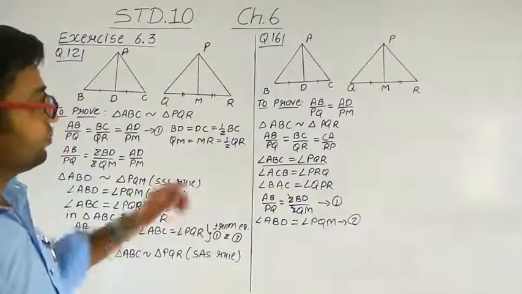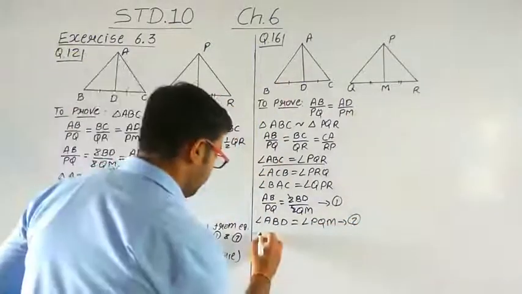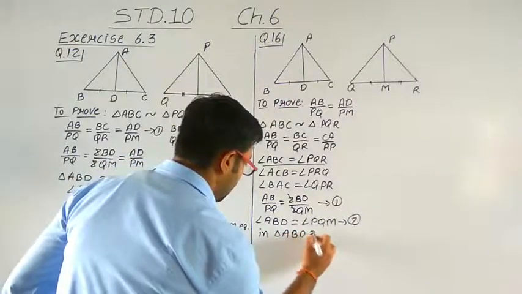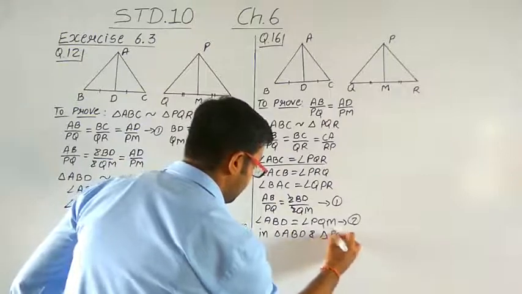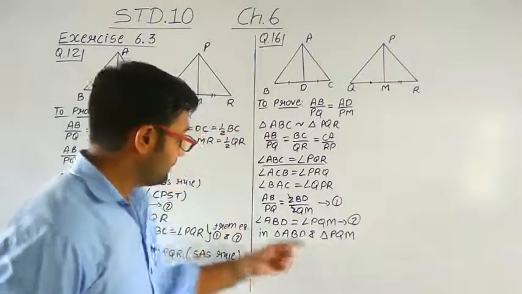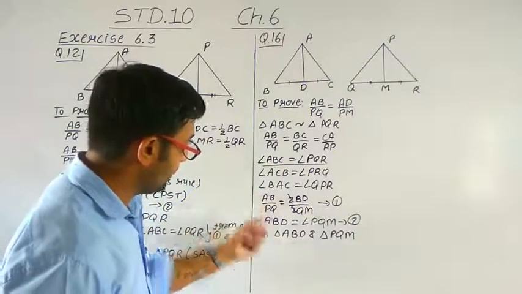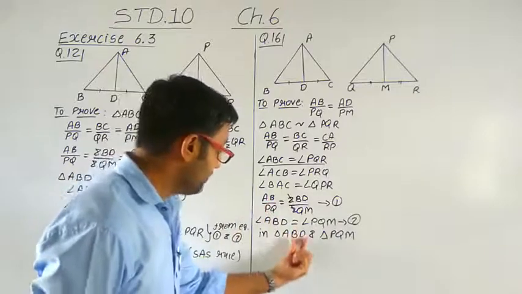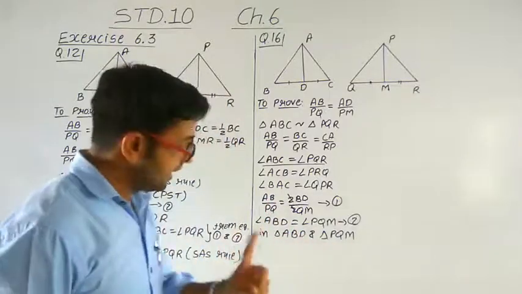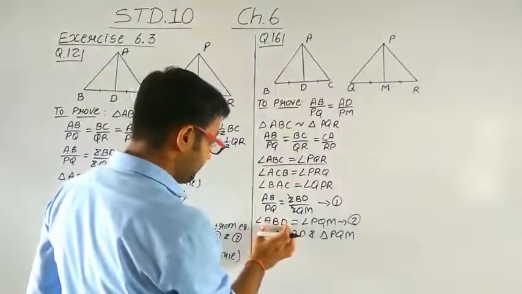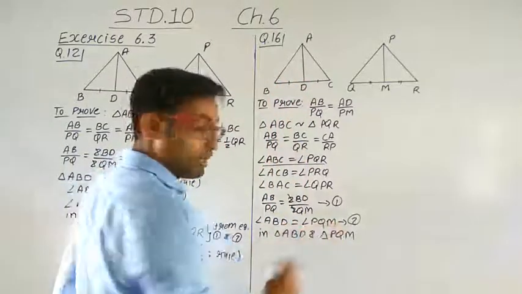Now see, in triangle ABD and triangle PQM, in both these triangles two sides are in proportion, that is AB upon PQ is equal to BD upon QM, and the included angles of these two sides, that is ABD and PQM, are also equal.